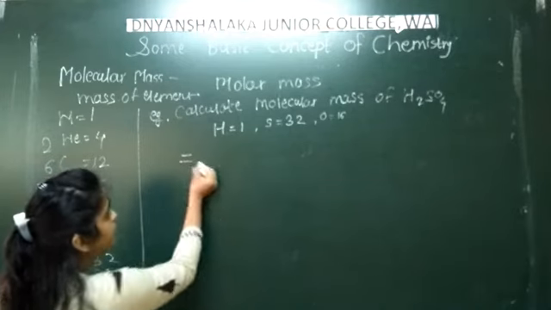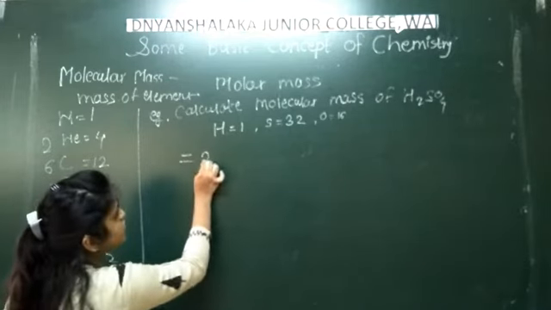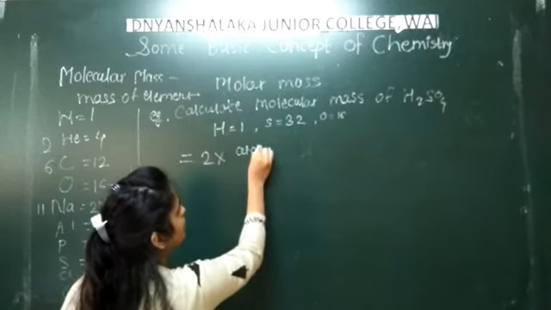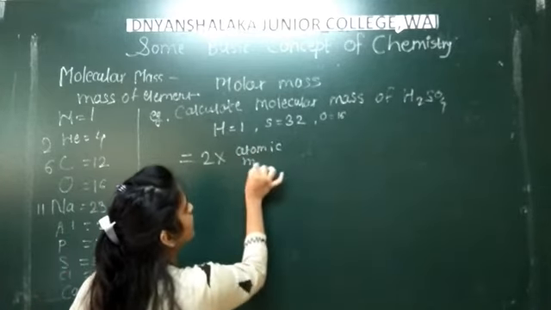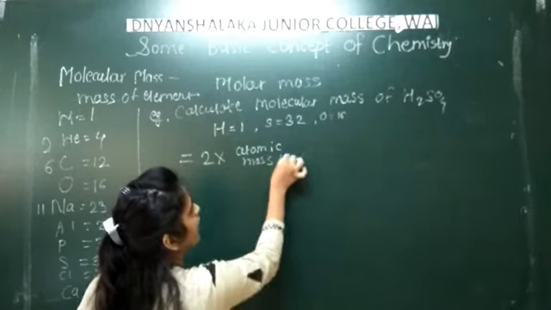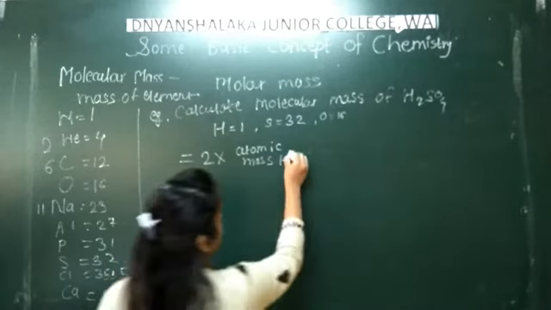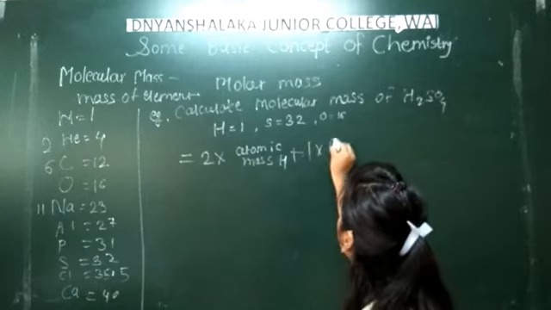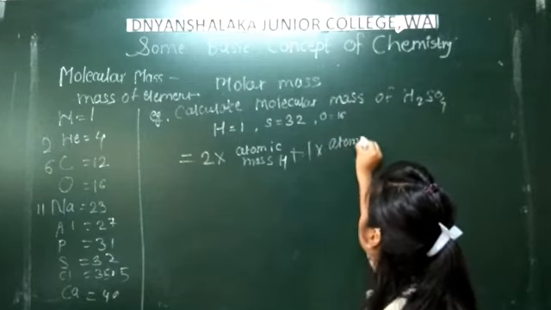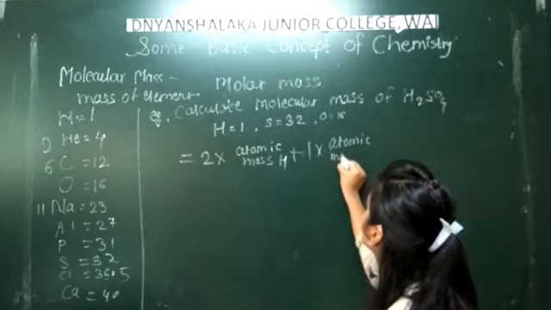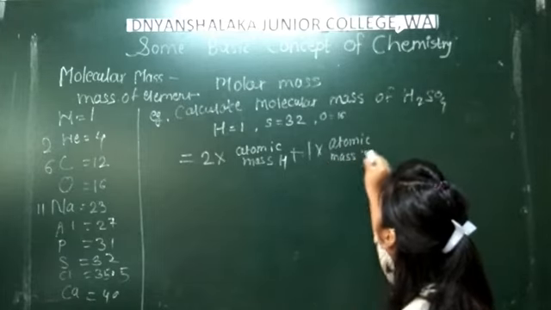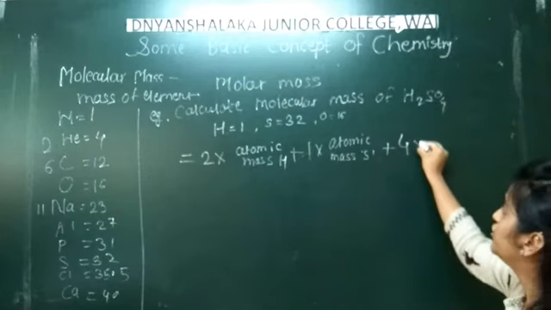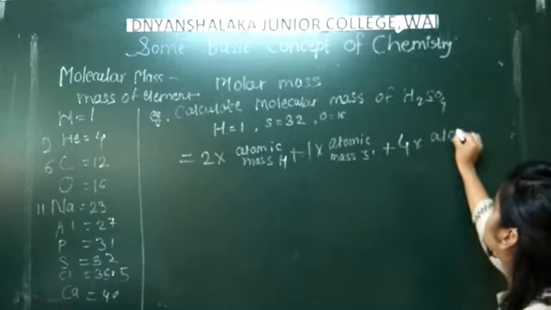Formula: 2 moles of hydrogen into atomic mass of hydrogen, plus 1 mole of sulfur into atomic mass of sulfur, plus 4 moles of oxygen into atomic mass of oxygen.